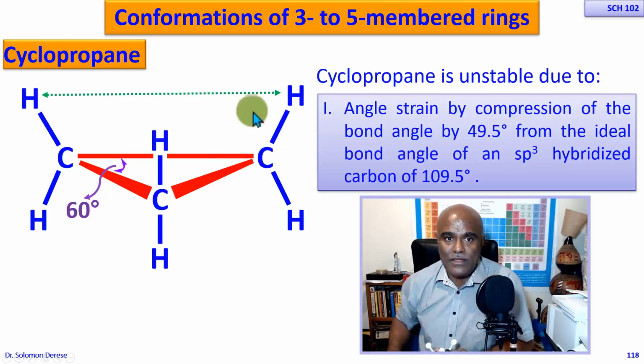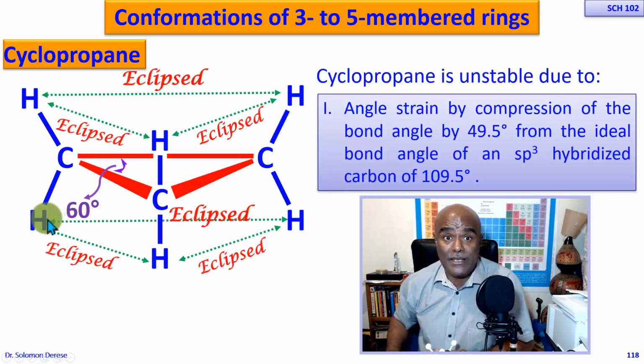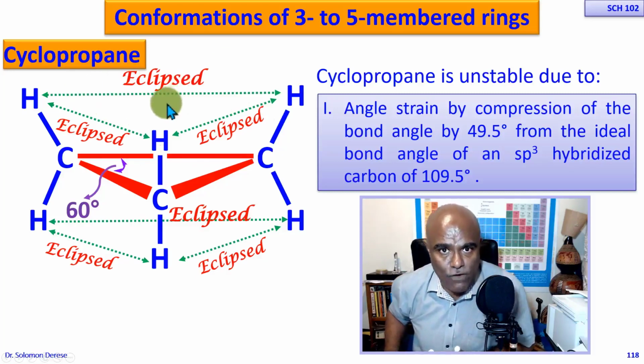The same applies to the lower ones. They have all eclipsed each other like that. As a result, there is a lot of torsional strain that cannot be avoided.